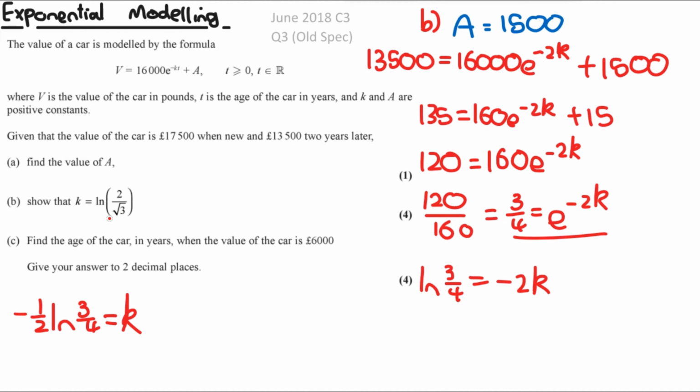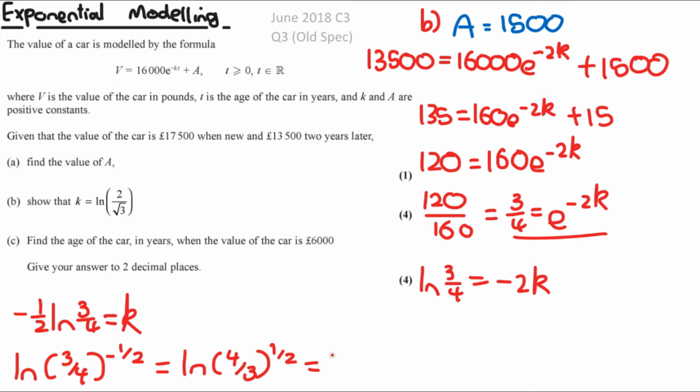And it wants us to show that k is equal to the natural log of 2 over root 3. So what we probably want to do, because there's no coefficient at the front, is to bring this half into the natural log. So it's going to become the natural log of 3 over 4 to the power of minus a half, and first of all the minus flips the fraction, so it's going to be the natural log of 4 over 3 to the half.